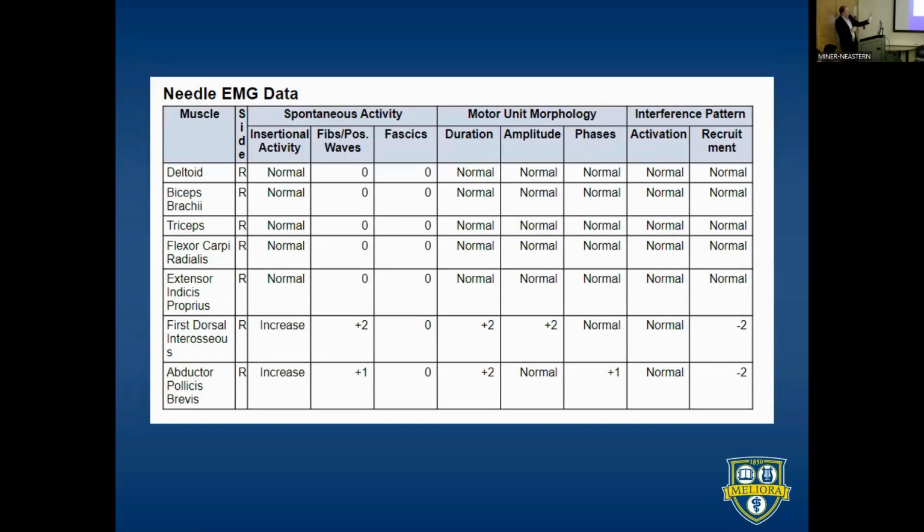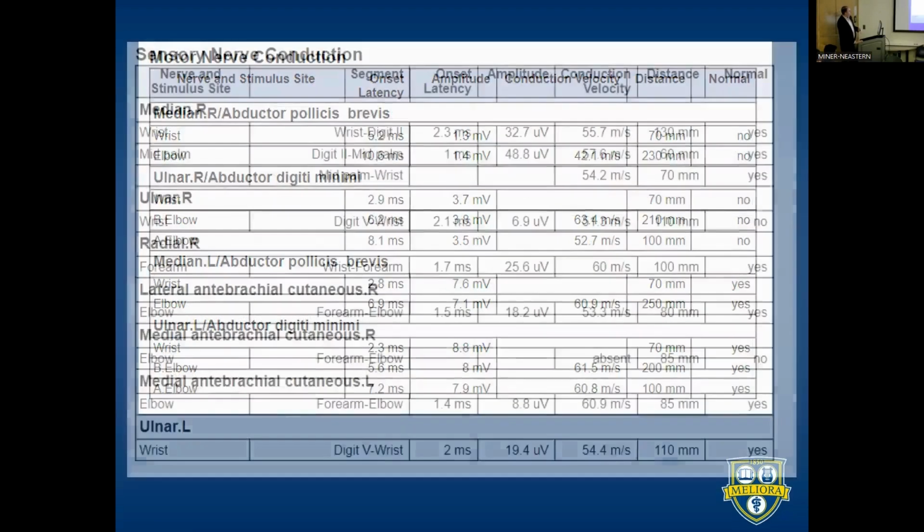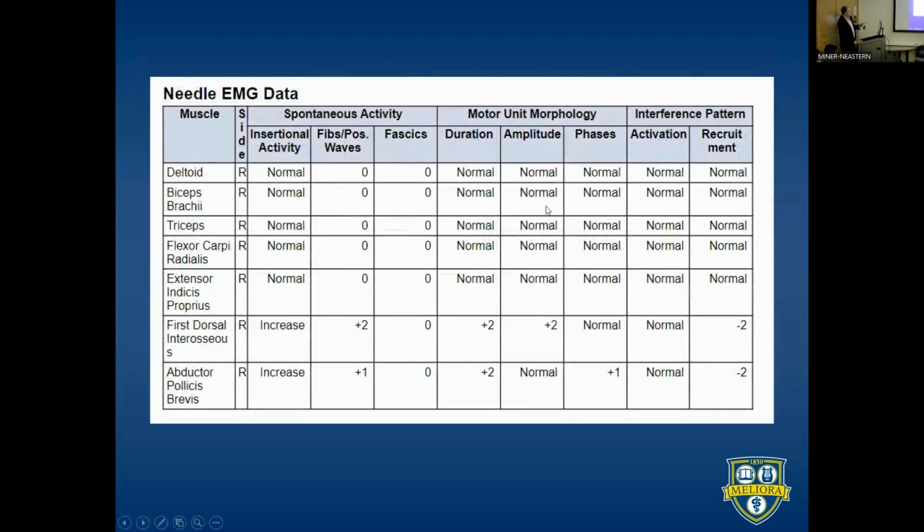And then when you look at the motor unit morphology, the duration is how long that unit potential lasts. That happens with chronicity. When patients have this neuropathy for a long time, they get recruitment from nearby nerve fibers, and that makes the unit potential last longer in time because it's not a clean single unit, it happens over time.